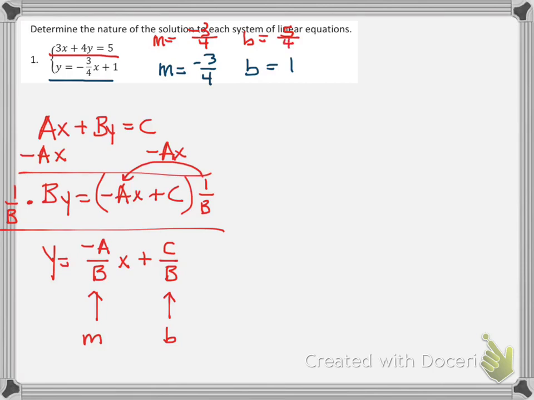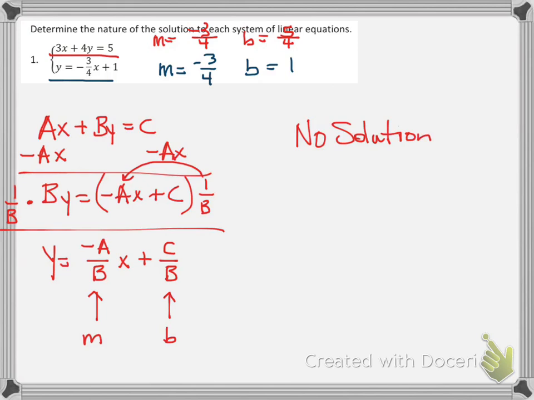So now I can see the slopes are the same, the y-intercepts are different, which means these are parallel lines. And parallel lines will never cross, so there is no solution to this system. There is no intersection point. So I don't have to solve for the solution, because there is no solution.